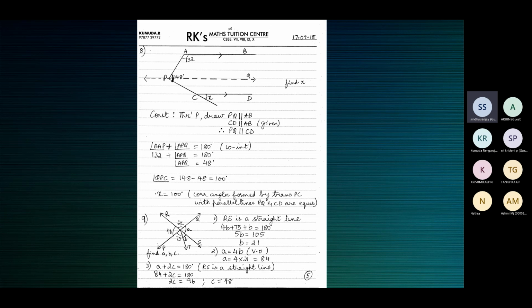Very good. 75 plus B plus A equals 180. 2C plus A equals 180. 4B plus 75 plus B equals 180. Very good. So we can make four equations like this, but we went with this one because only here there's one unknown, B. So solve this and find the value of B.